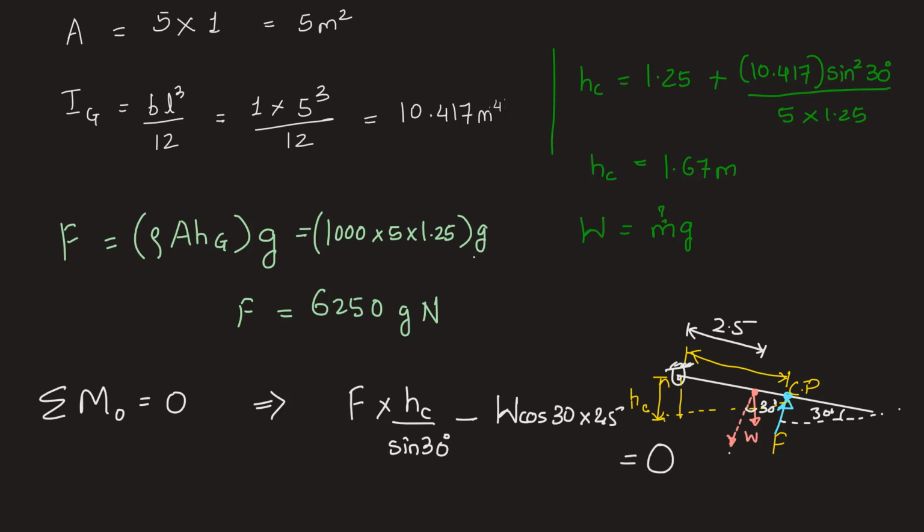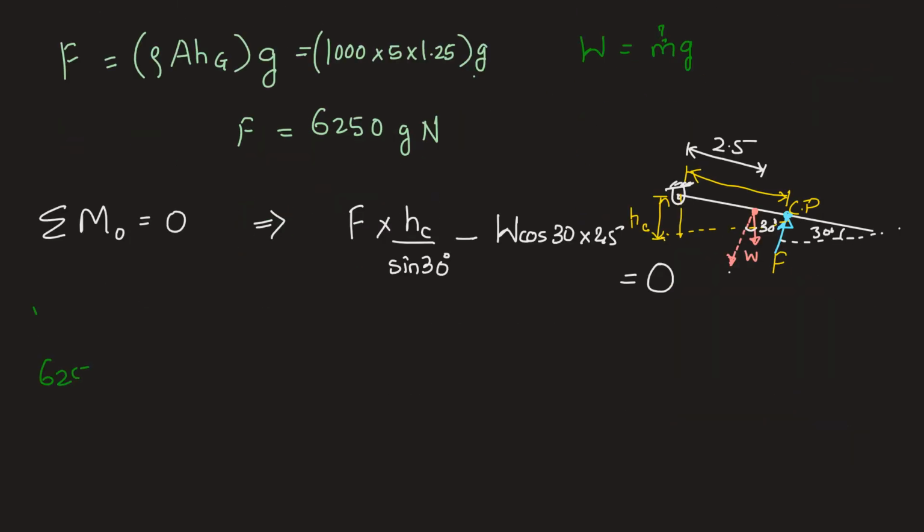Now let's substitute all the values and find out the answer for mass of the gate. Force is 6250 times g into HC is 1.67 meter divided by sine 30 degree. This is equal to mg, m is unknown, cos 30 degree into 2.5. In order to find mg, let's keep m on one side and take all the other terms on the other side. g on both sides when divided gives us 1.